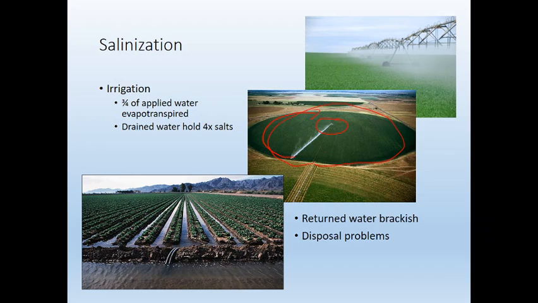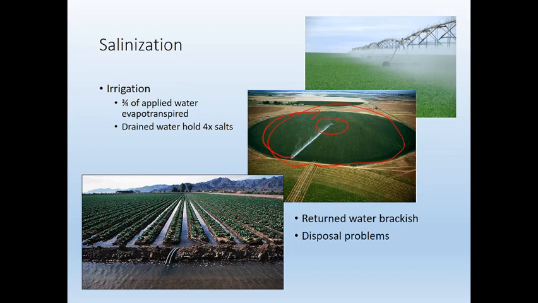If 3/4 of that water is taken up by those plants, that drained water, that water that's coming off, is going to have a whole lot more of the salts, about 4 times, right? If you take off 3/4, that makes the water have 4 times the amount of salts.